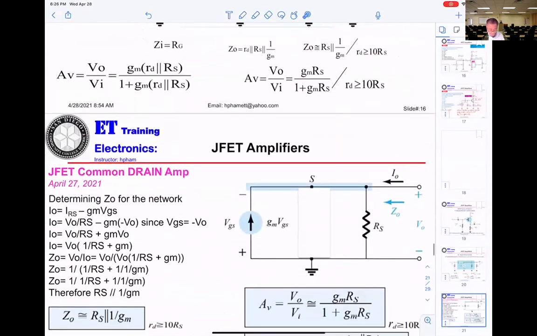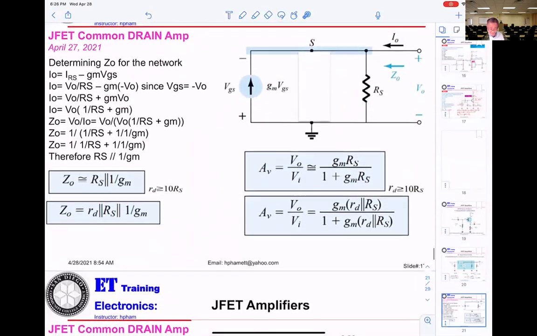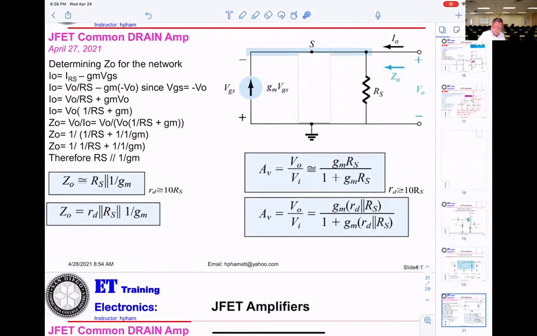We'll see if we do a calculation here. Right here, we will show you how to calculate the output impedance. When you're looking in here, this will be RS, and this is the current source going from the drain to the source, gm VGS.